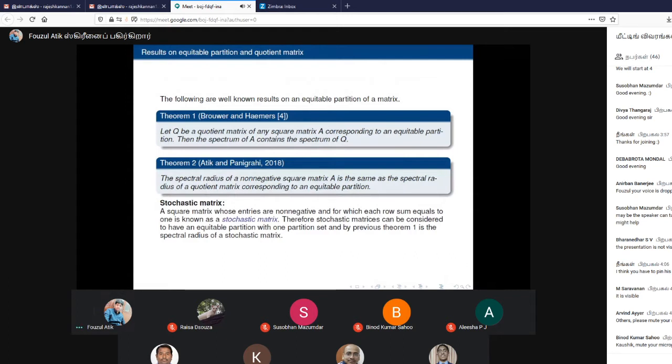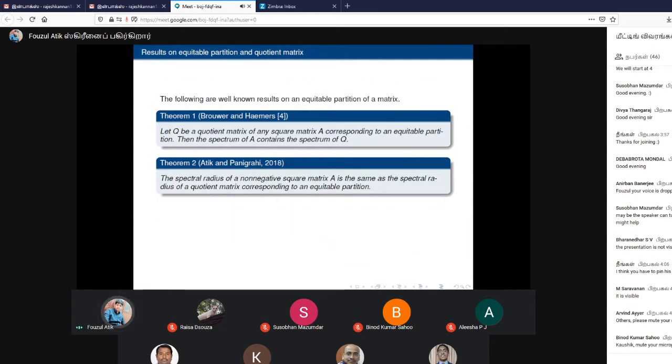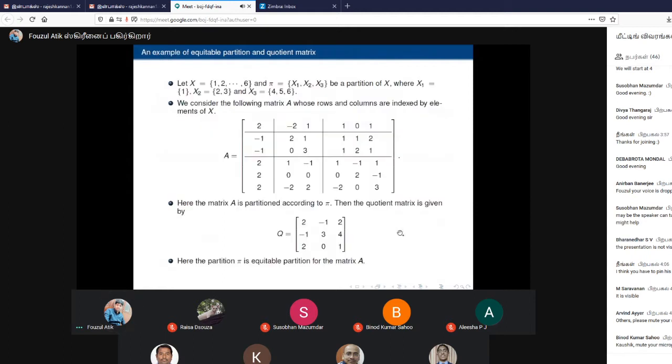Now, I'll come to the stochastic matrix part. But again, let me come back to the example where we have a matrix A having constant row sum.